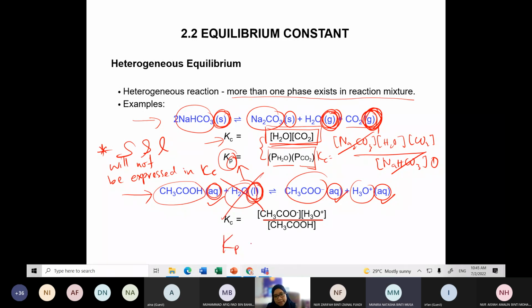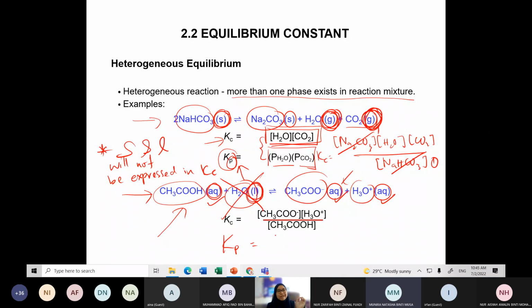And how about Kp? Do we have Kp for this reaction? No, we don't. Kenapa? We don't have gas in this reaction. Tak ada satu pun yang gas. Kalau ada satu gas, boleh. Boleh, maksudnya we still have Kp. But we don't have any gas produced or involved as reactant in this reaction. Therefore, we don't have Kp at all for this one.